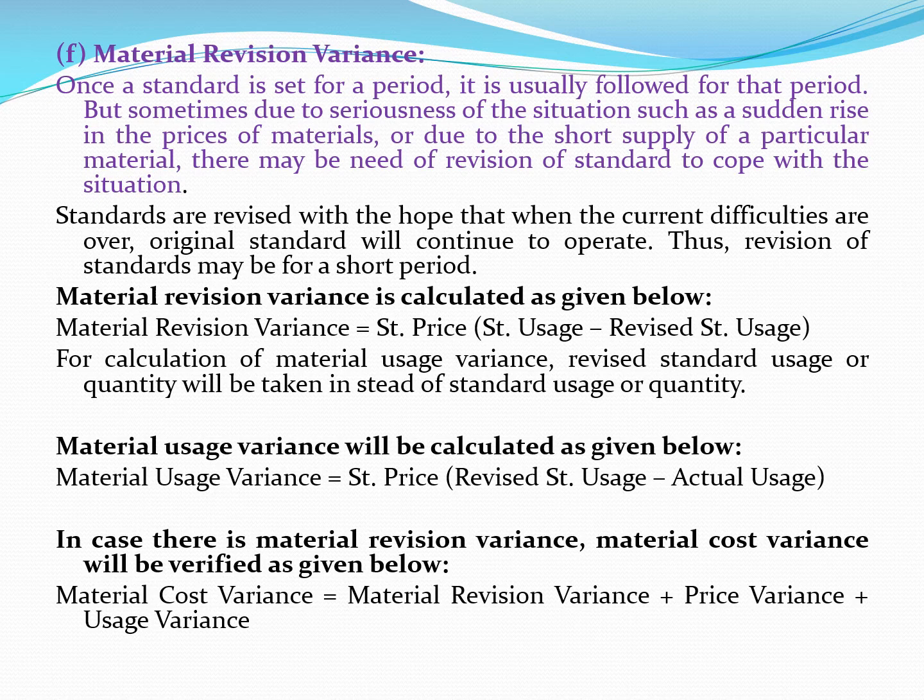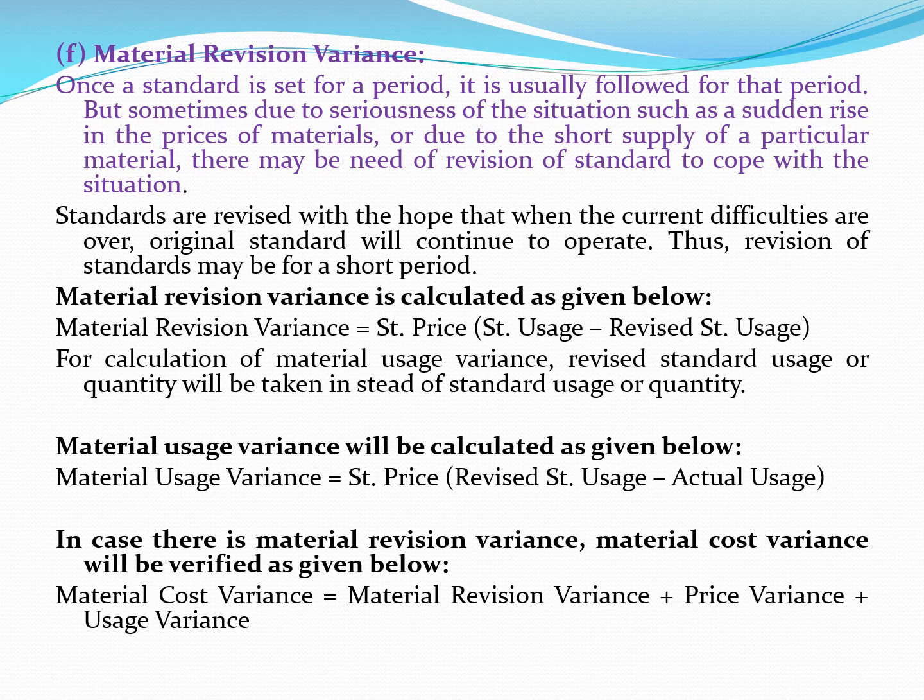But sometimes, due to the seriousness of the situation, such as a sudden rise in the prices of materials or due to the short supply of particular materials, there may be a need to revise the standard to cope with the situation. Standards are revised with the hope that when the current difficulties are over, the original standard will continue to operate. Thus, revision of standards may be for a short, particular period only.